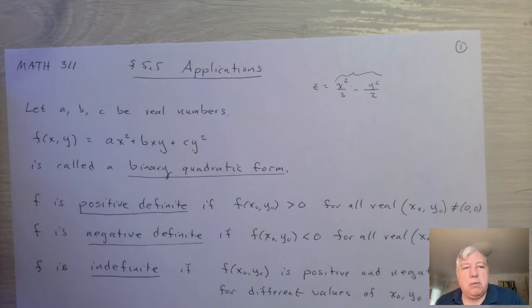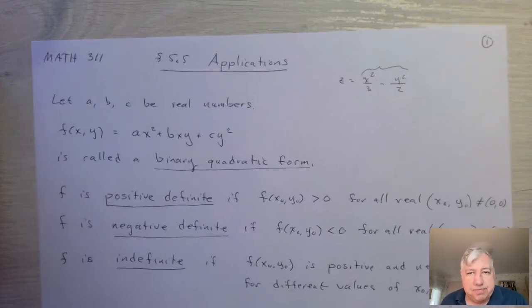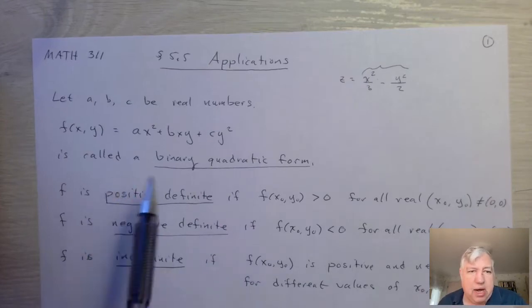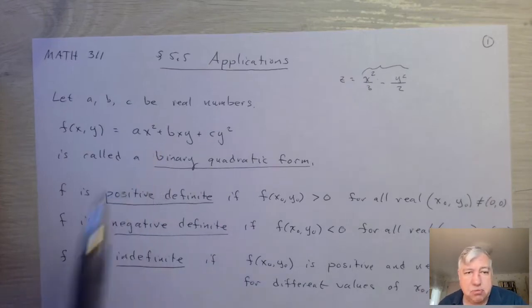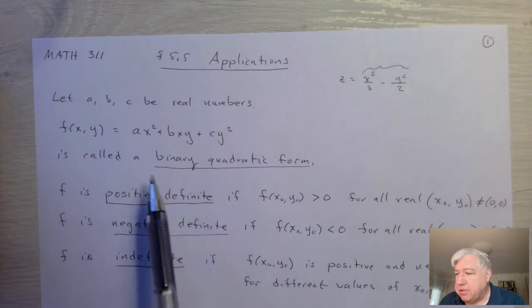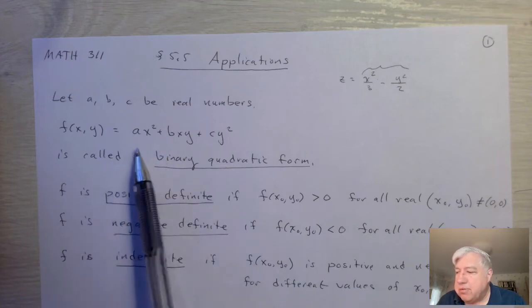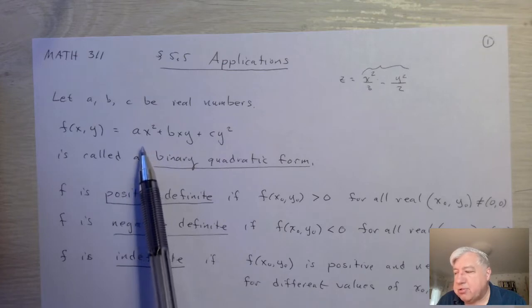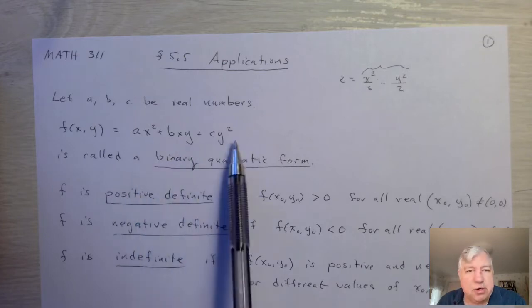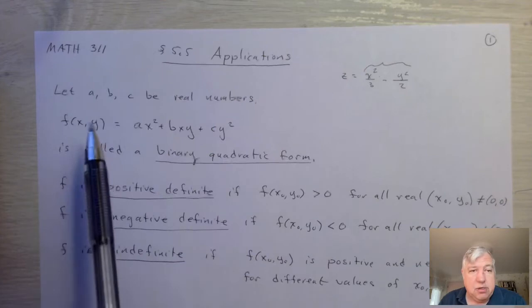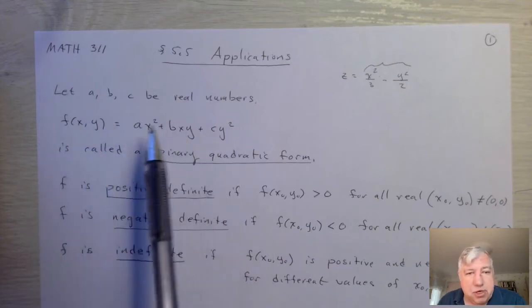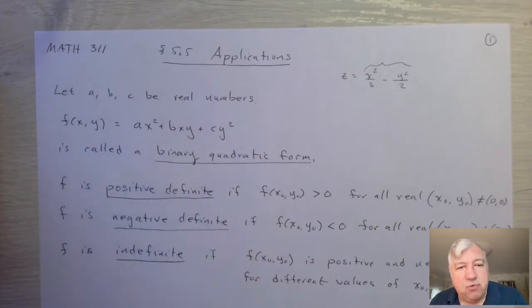A binary quadratic form is a polynomial in two variables where the degree of each term is 2. So we have just an x squared term, an xy term, and a y squared term. If a, b, and c are real numbers, this expression is called a binary quadratic form.